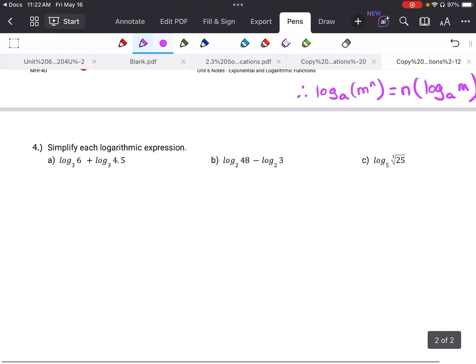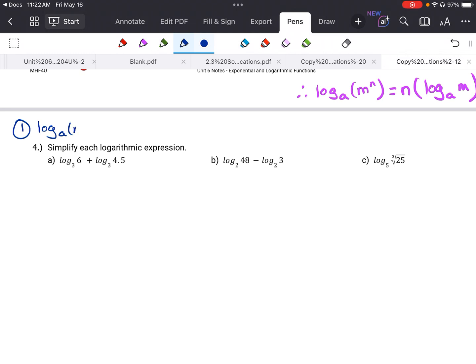Okay, so three important laws. Let's write them at the top of this page so we don't have to keep flipping over. Law 1: log a of mn is equivalent to log a m plus log a n.